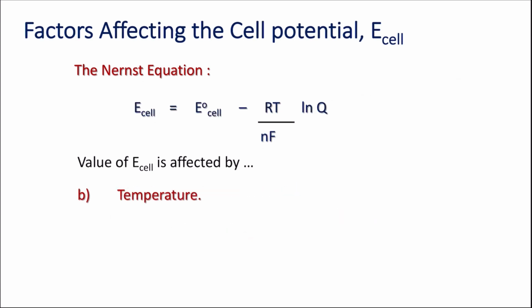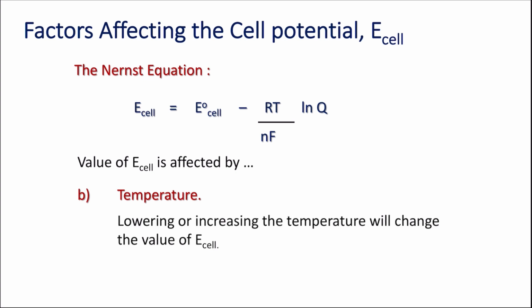Okay, next one kita akan lihat daripada segi temperature. Sekiranya awak ubah, tambah atau kurang temperature, dia akan affect the value of E cell. So temperature kan berada di bahagian sini. So let's say kalau awak tambahkan temperature, so Nernst equation stated that as you increase the temperature, jadi constant RT over NF ni akan increase juga sebab semuanya adalah constant kat sini.